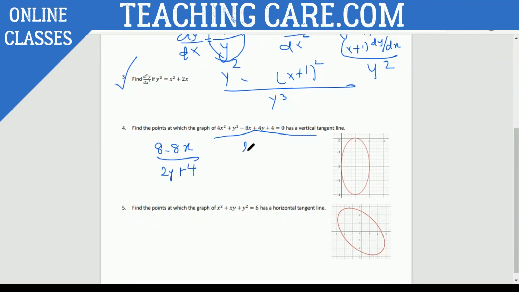For the vertical tangent line, you have to equate the denominator to 0. From that, you will get your value of y. I'm getting it to be negative 2. Yep. Substitute it in this equation and get your value of x. That will be the coordinates. Just substitute y equal to negative 2 and find the values of x.